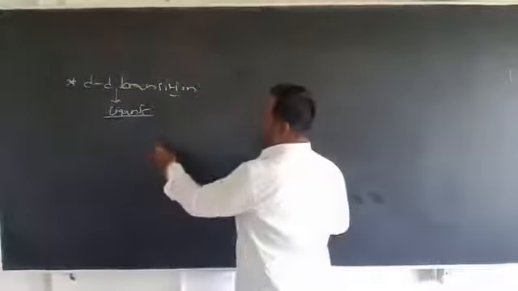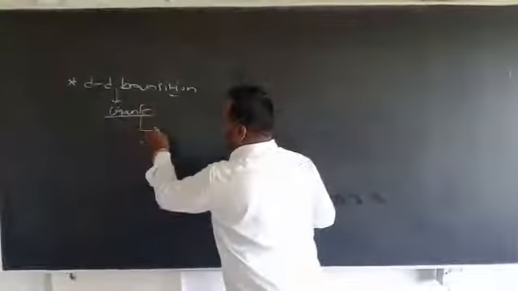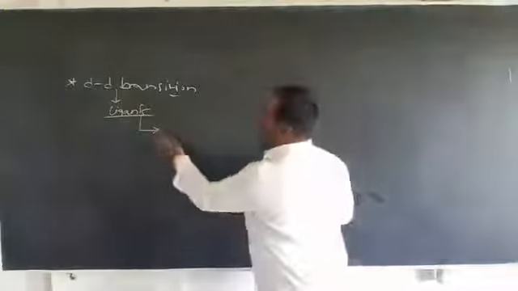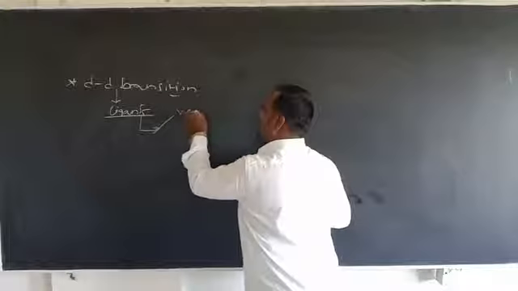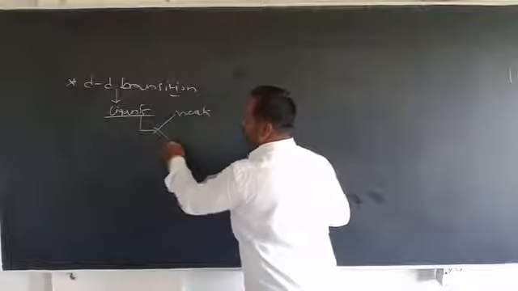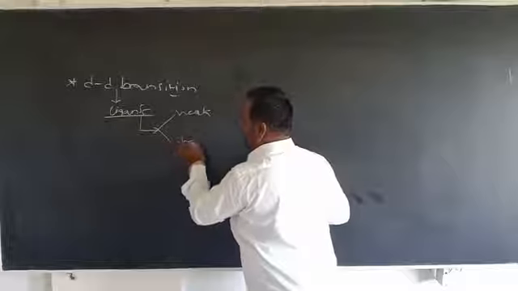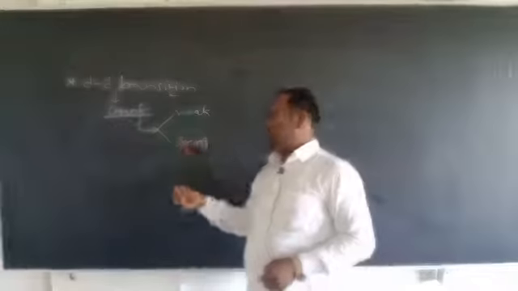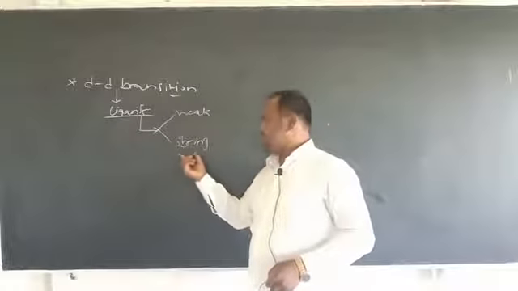These ligands are of two types. The nature of the ligand, or ligand field, is very important. If the field of the ligand is weak or strong, the ligands are classified into two types: weak field ligand and strong field ligand.